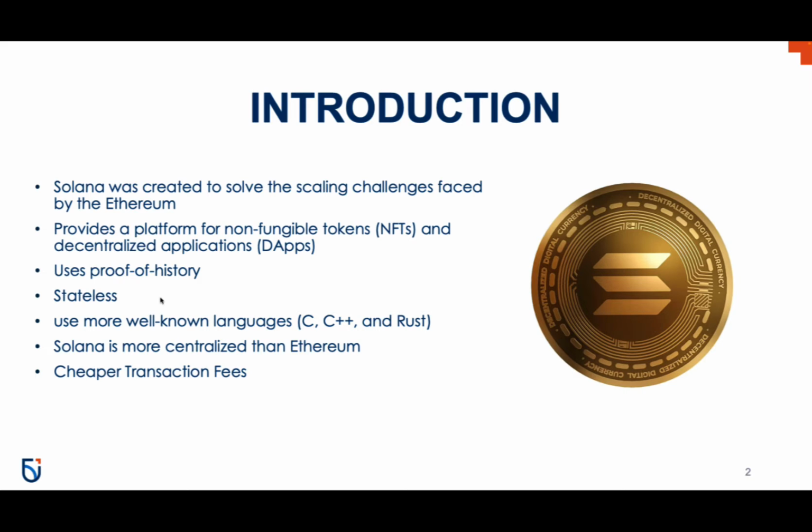And Solana is able to offer cheaper transaction fees because it processes transactions fast with the technology it uses. So the cost per transaction is significantly low, and each transaction generally costs a fraction of a cent.